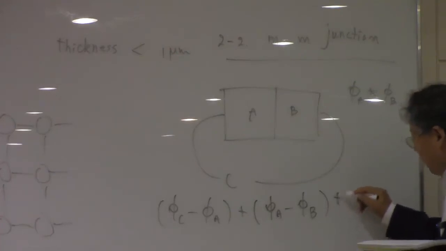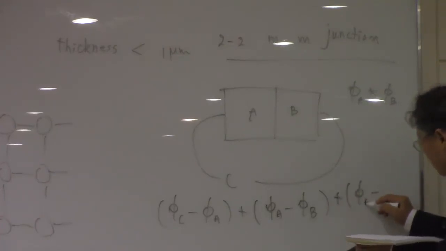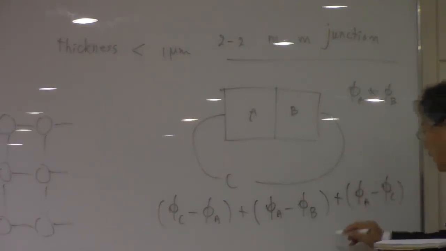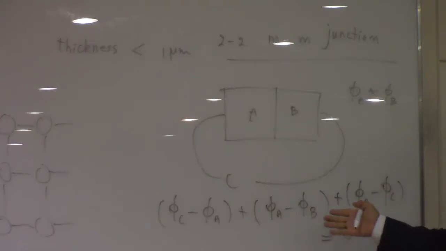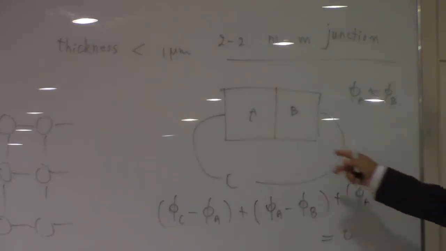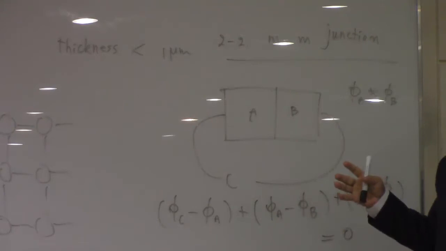And then that potential difference has to be measured through the lead C, so that the total we can get, the potential, is going to be 0. So we cannot measure the work function difference between the metals.